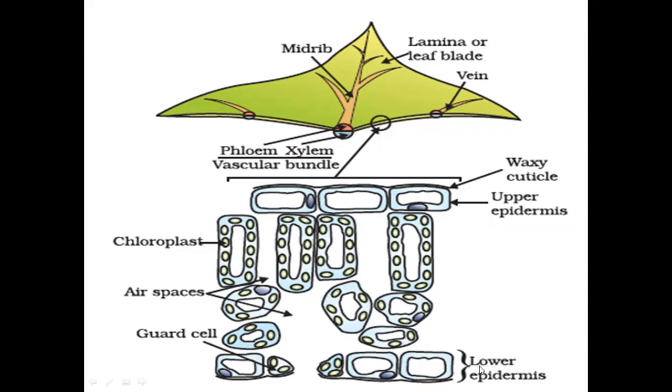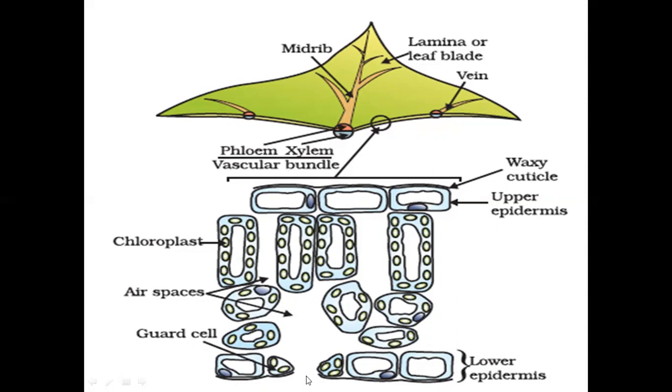In the lower epidermis, we can see that there are tiny pores. These pores are called stomata. Through these pores, air enters the leaf and the leaf gets carbon dioxide from the air. Now if we see here, this is the midrib of the leaf, and the midrib contains the vascular bundle, and the xylem of the vascular bundle brings water from the roots to the leaf.